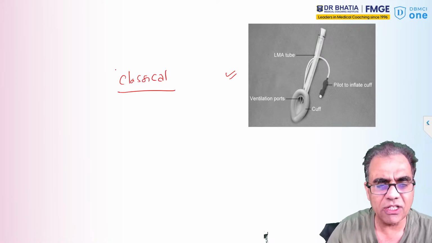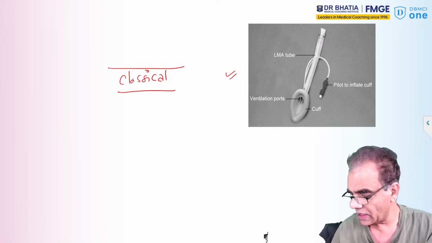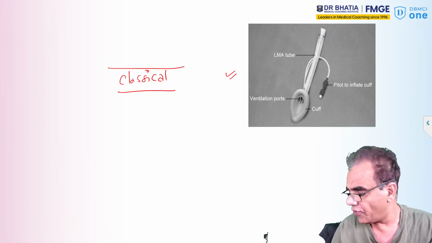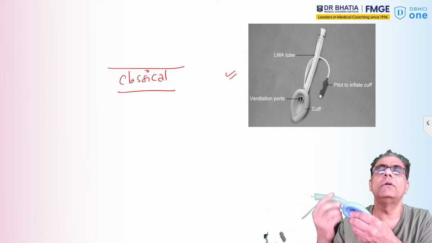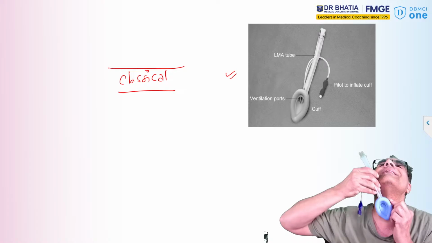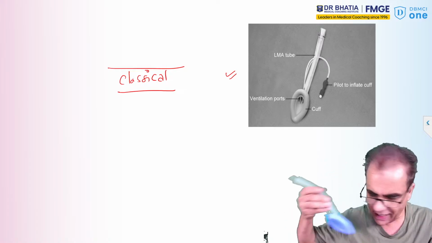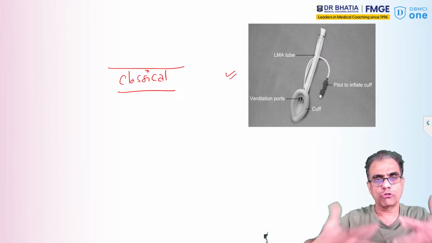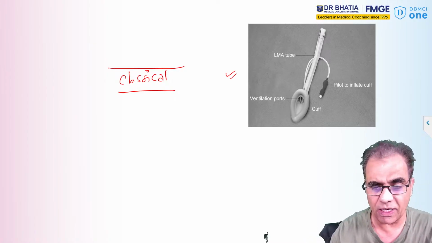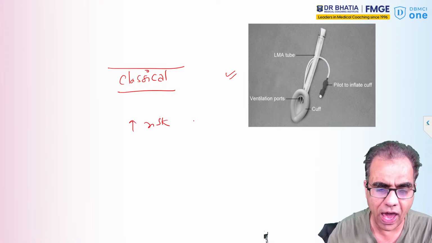Now the disadvantage of the classical LMA is that, even if you have placed it in the oropharynx, there will still be some leak from the sides. So air can enter the esophagus and increase intragastric pressure. So there is increased risk of aspiration.